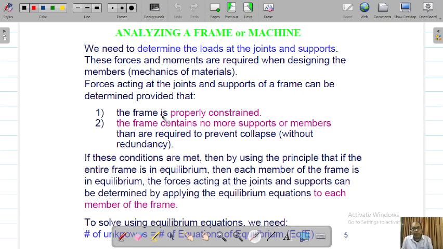Then how do you analyze a frame or a machine? We must always remember that we determine the loads. Whenever a machine is there, we need to determine the loads at the joints and supports.